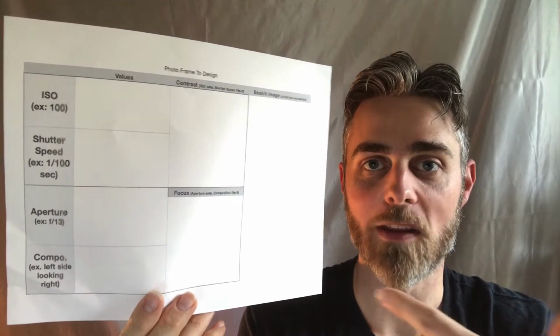The other detail of using this framework is how it allows us to better execute a shot. When you think about your aperture and how you set it, think of aperture as setting your focus. ISO sets the contrast, and shutter speed can fit that properly to your contrast or adjust it slightly one way or the other.